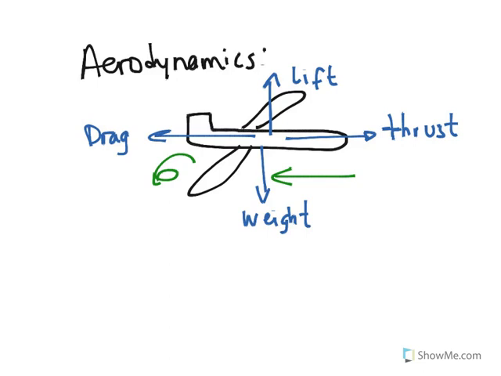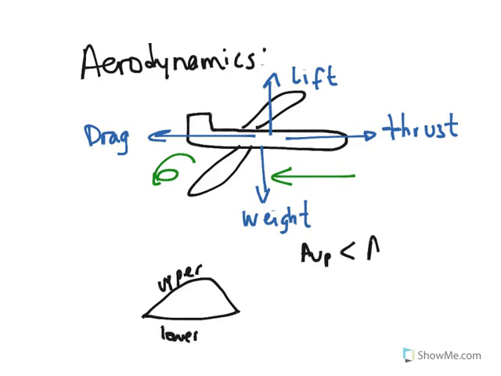Now, very interesting, the lift force is generated due to a profile. So, for instance, we have the wing profile, something like this. This is the upper part and this is the lower part. And the transverse area of the upper part has to be lower than the area of the lower part.